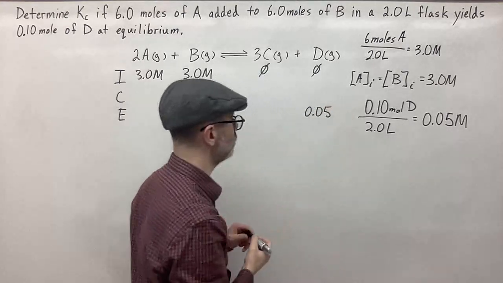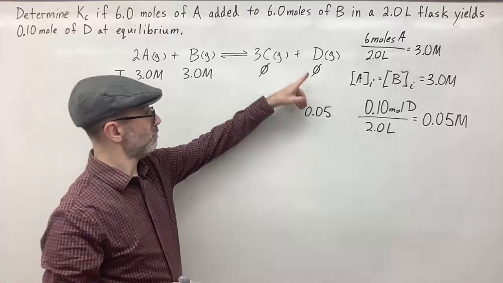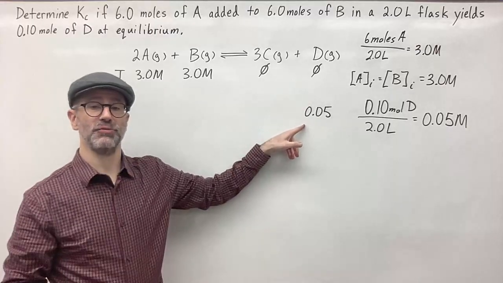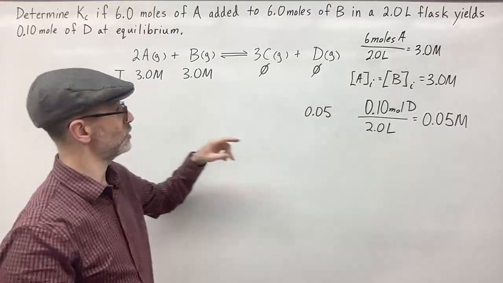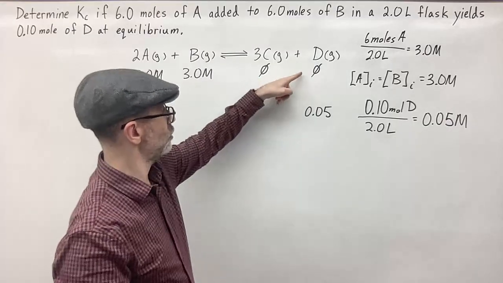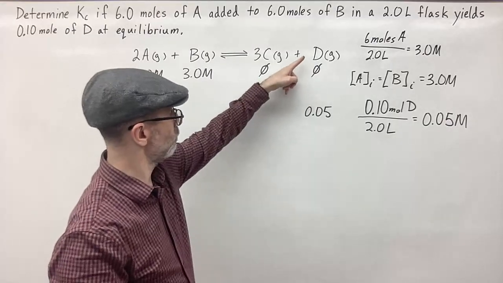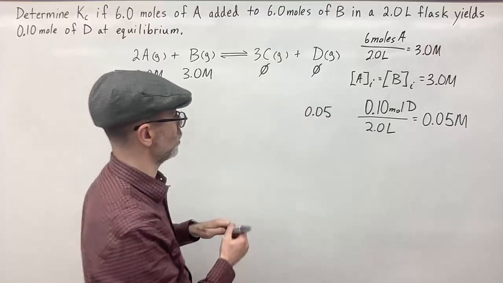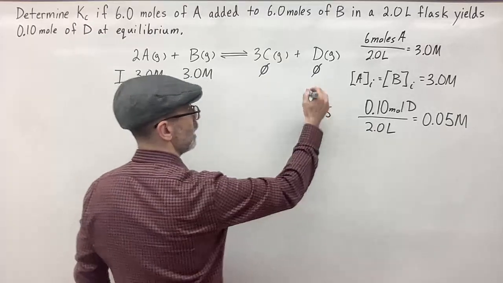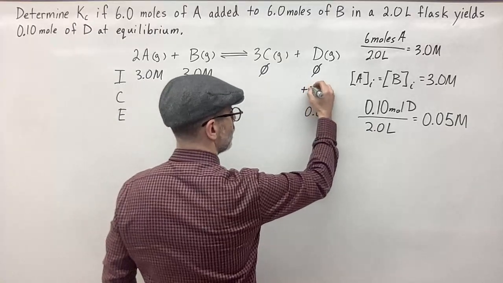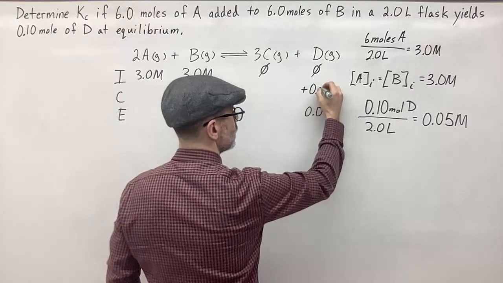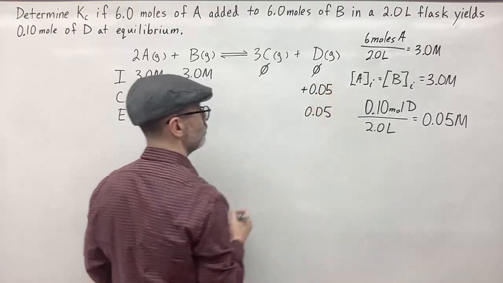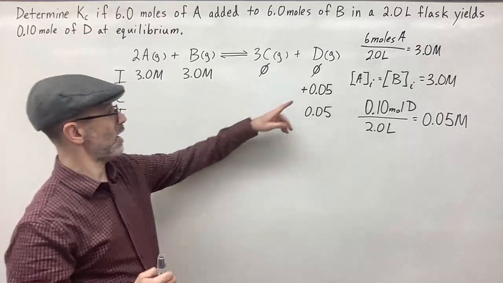Because of that, we can actually figure out what X is. Here, the change of D is 0.05. That means we added 0.05 to get there.